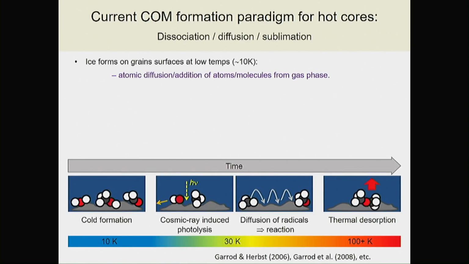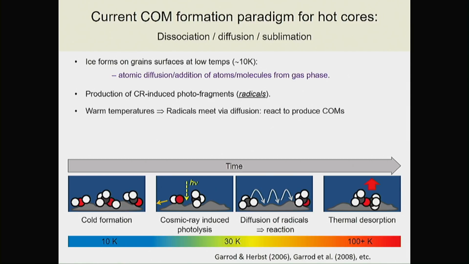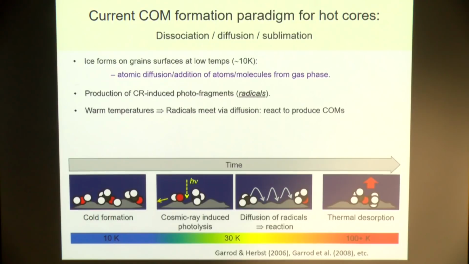So the picture we have in general: we form ices at low temperatures through diffusion. We produce radicals through that mechanism I mentioned, UV dissociation. But the warm temperatures that are associated with the star formation process, the warm-up of this envelope of material, gradually heats the grains as well. And when that happens, the radicals that you produce in the ice or on the surface of the ice start to become mobile on their own.